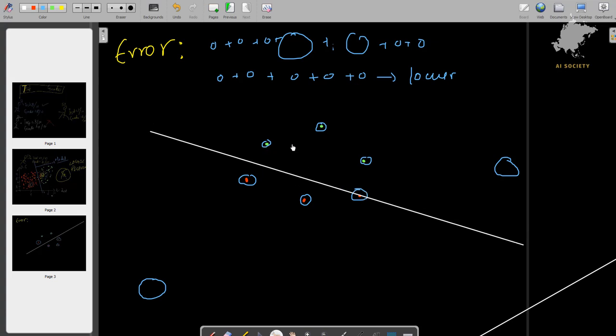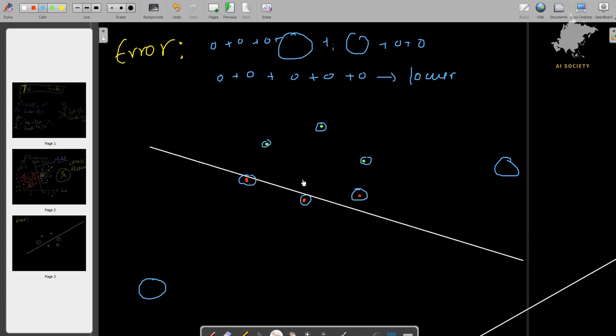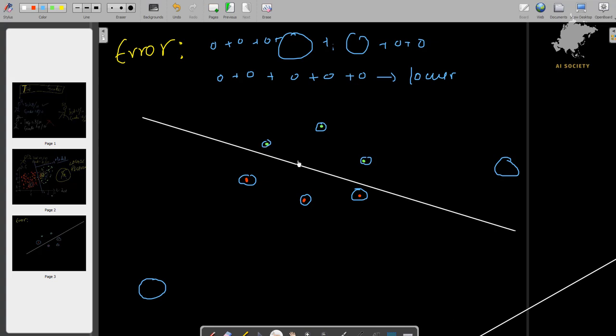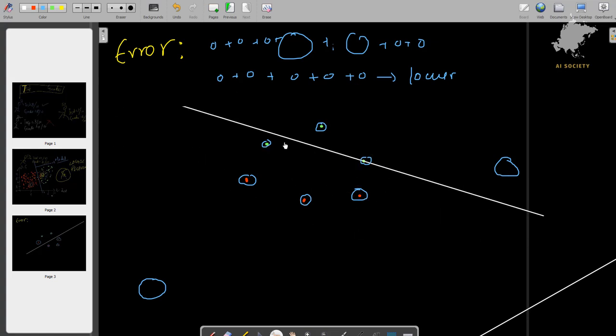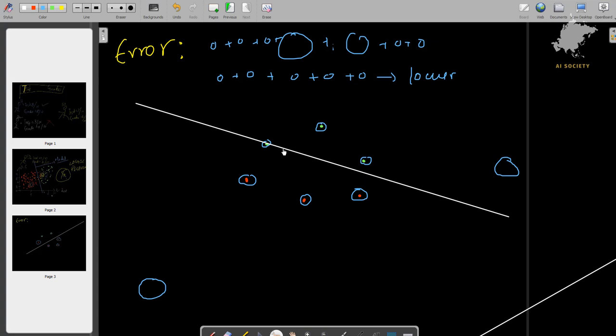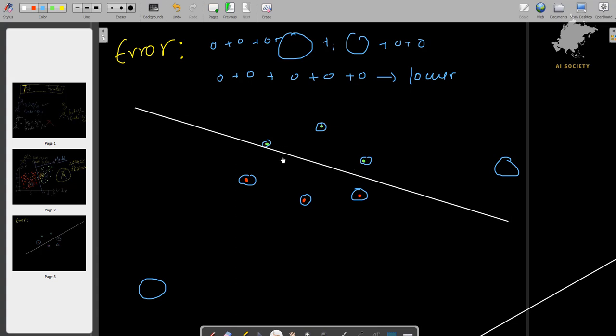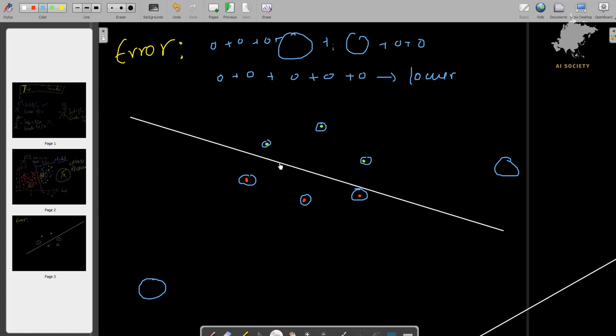We have to take this line and move it around everywhere so that it is able to divide the two types of classification points into separate sides. To minimize the error, we keep moving this whole line until the error is as minimum as possible.